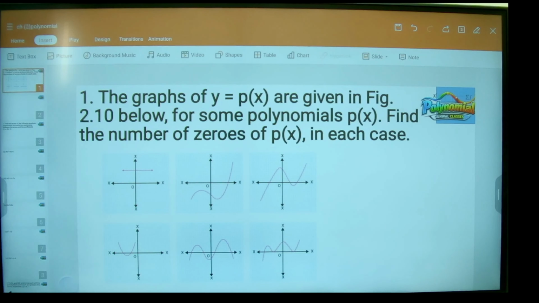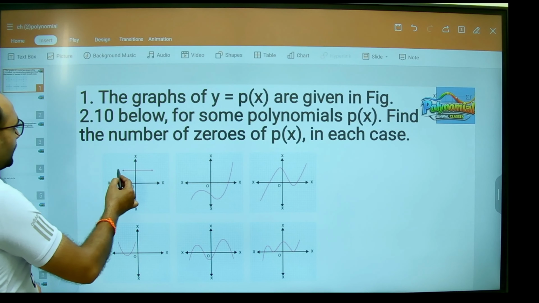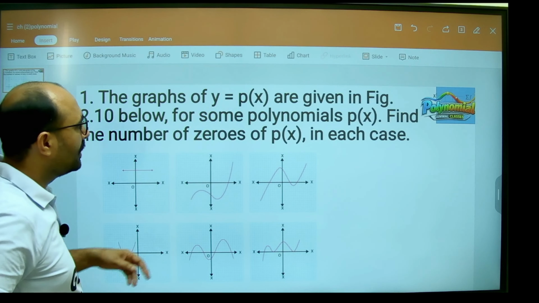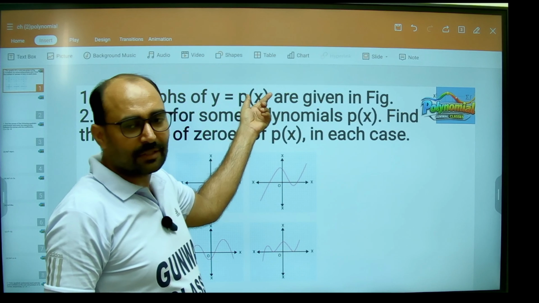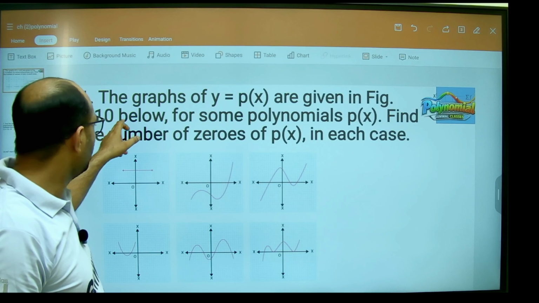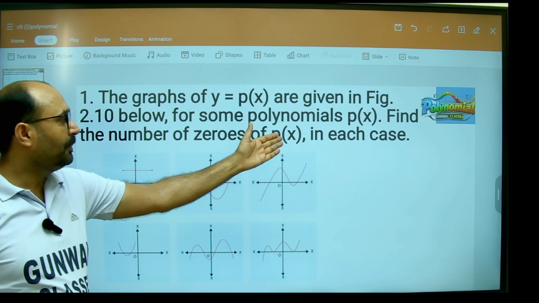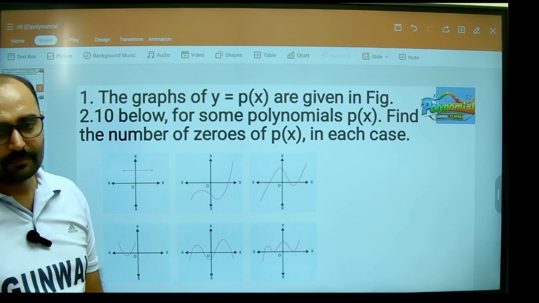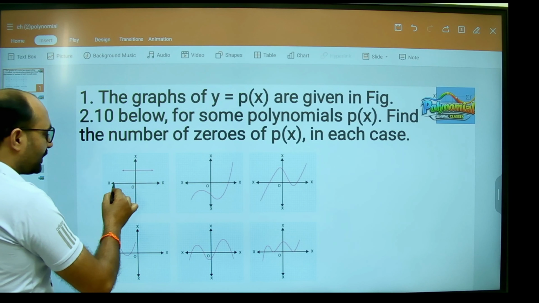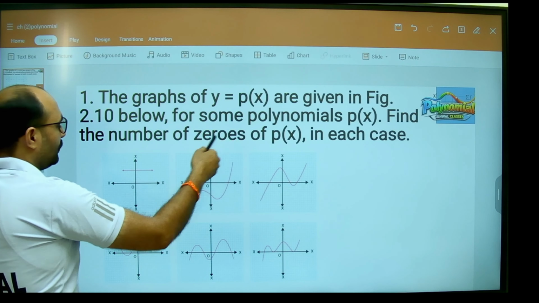Come to exercise 1. This is the graph of y is equal to p(x) given in the figure. Polynomials in terms of x are given in figure 2.10 below. For the given polynomial p(x), find the number of zeros of p(x) in each case. If you observe, this line is not intersecting the x-axis, so this figure doesn't have zeros.